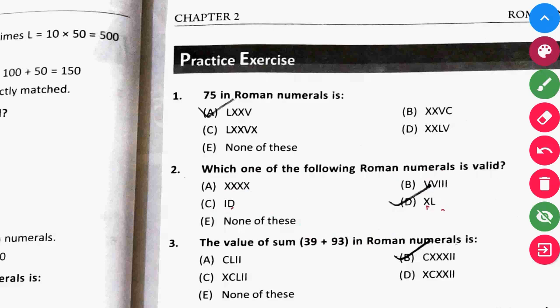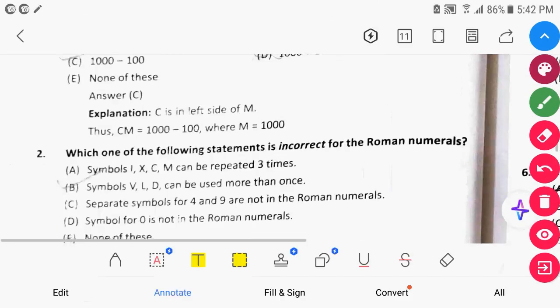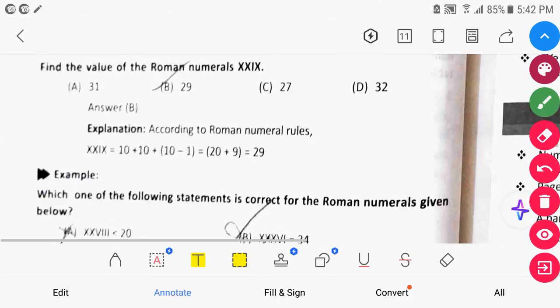XL, what is meant by XL? L means 50, X means 10. So 50 minus 10, that is 40. So XL can be a valid number. XXXX is also not a valid number because we can repeat only 3 times, not 4 times. There is a rule, I will show you.